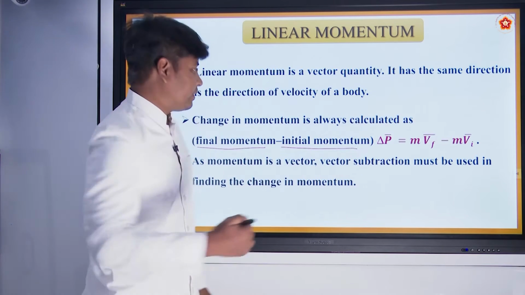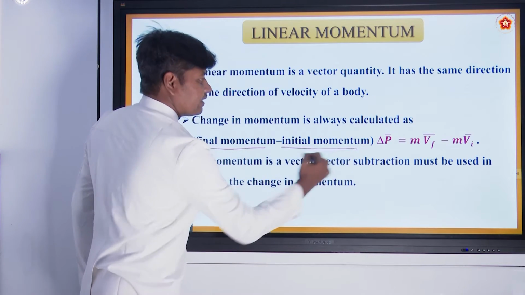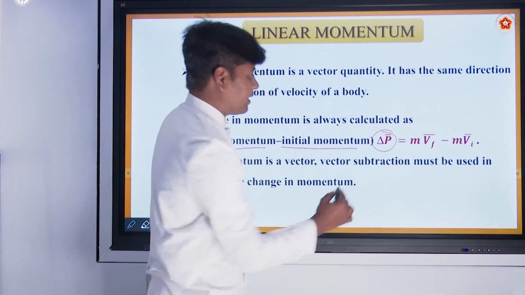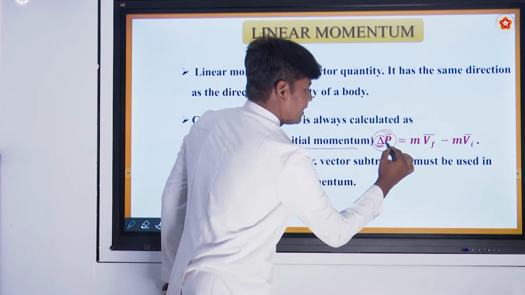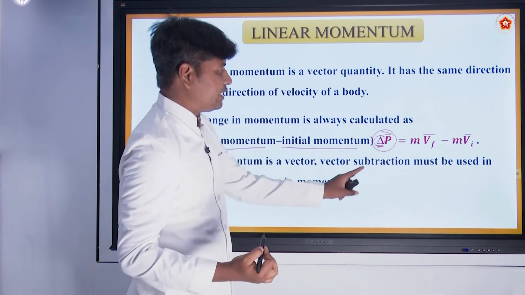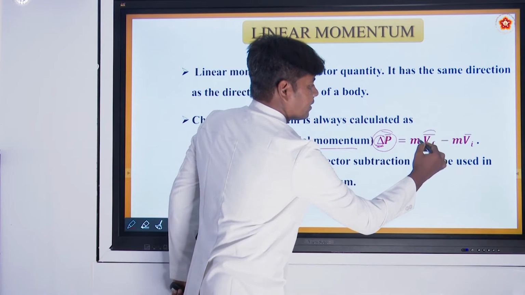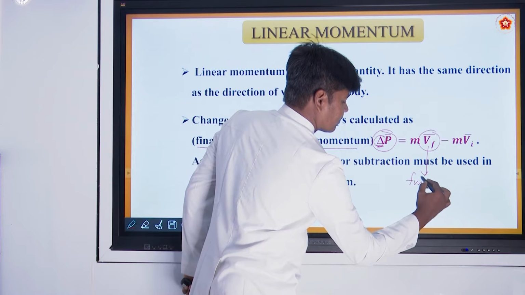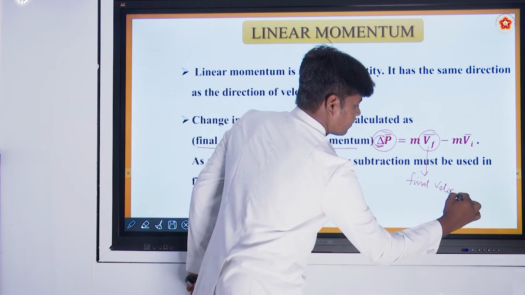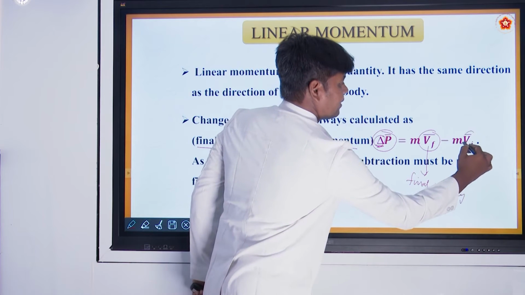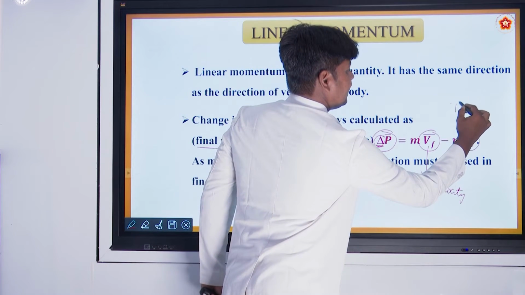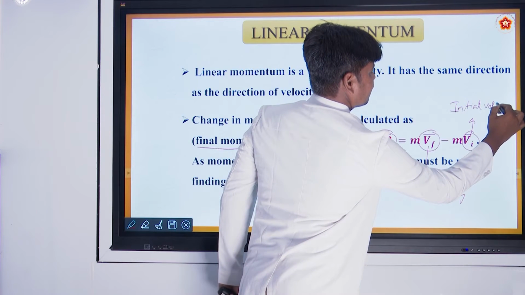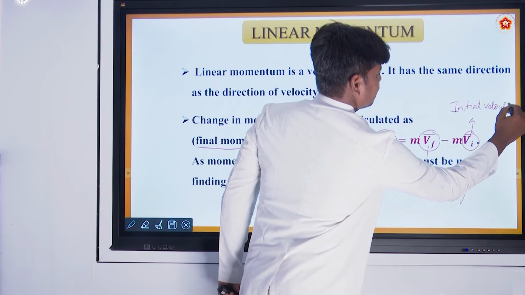So final momentum minus initial momentum is regarded as delta P, the change in momentum. Delta means change, and P is momentum. Change in momentum is mv_f minus mv_i, where v_f is the final velocity and v_i is the initial velocity it started with.